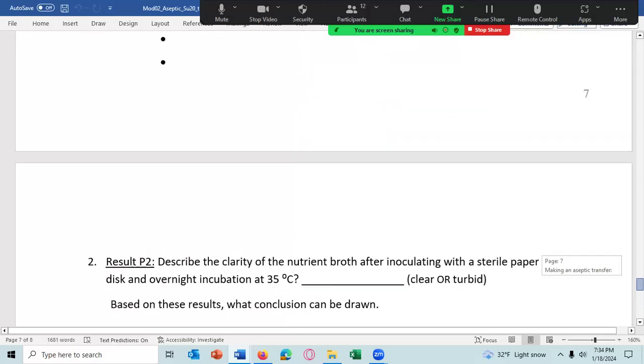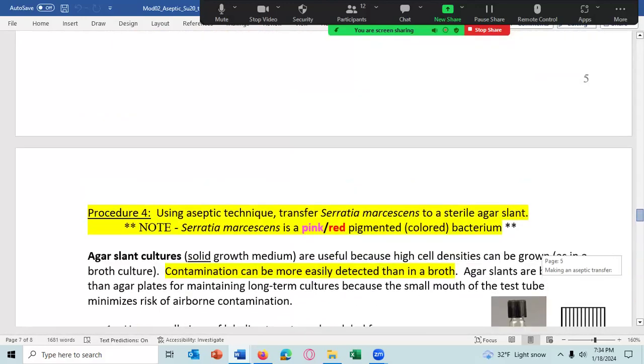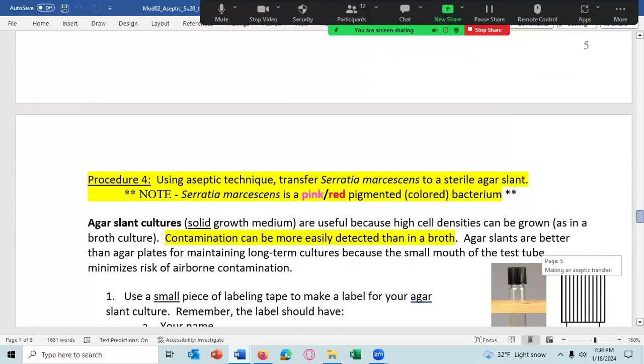For procedure 4, we're transferring Serratia marcescens to a sterile agar slant. Remember, Serratia marcescens is pink in a liquid media or a broth, but when it's grown on a solid media, it's red in color.